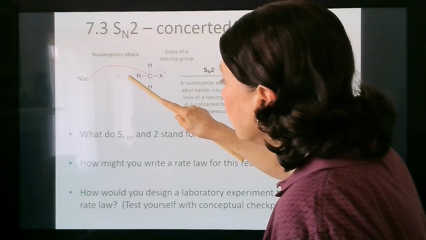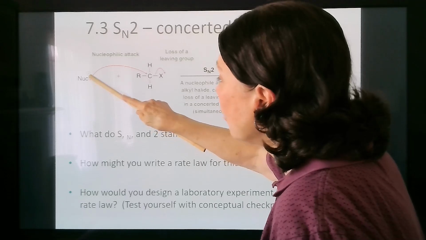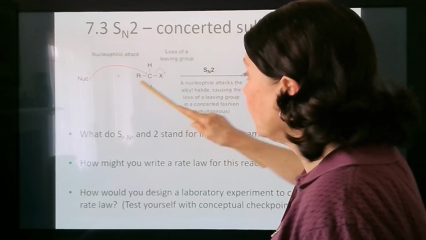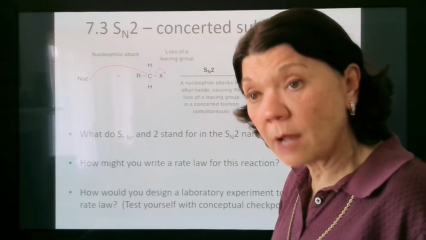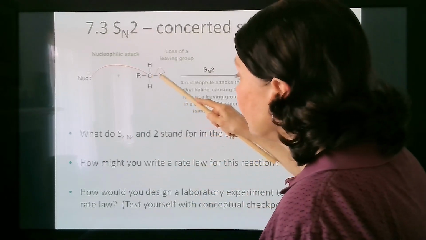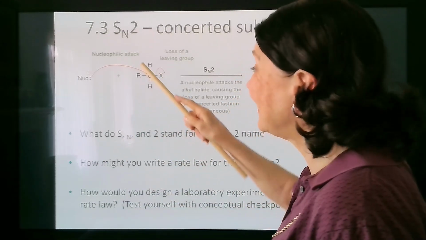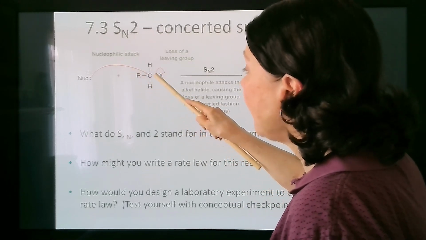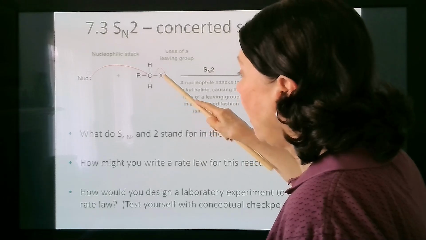So the antibonding orbital is back here. The pair of electrons has to move in and start populating the antibonding orbital. And since it's an antibonding orbital, that's what causes this bond to break. As soon as you start populating that, it weakens this bond.